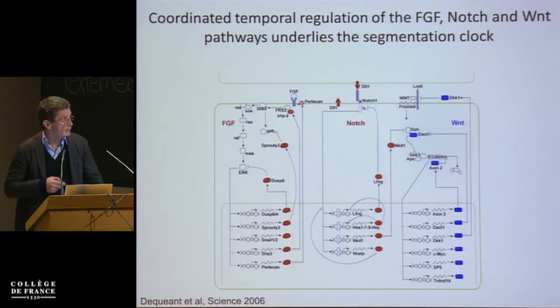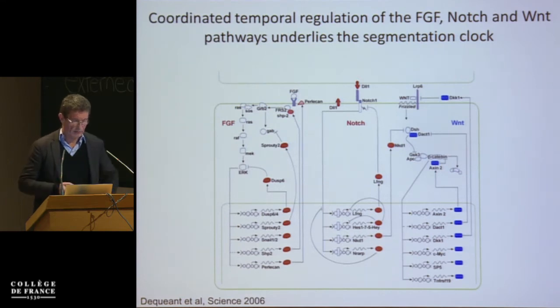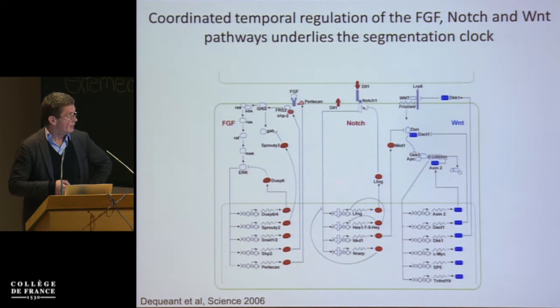And so the idea that underlies most molecular oscillator models that have been proposed to explain this periodic behavior argue that these oscillations are triggered thanks to a negative feedback with delay system.